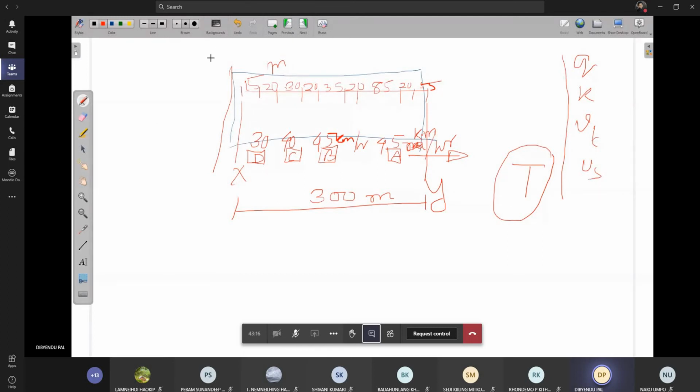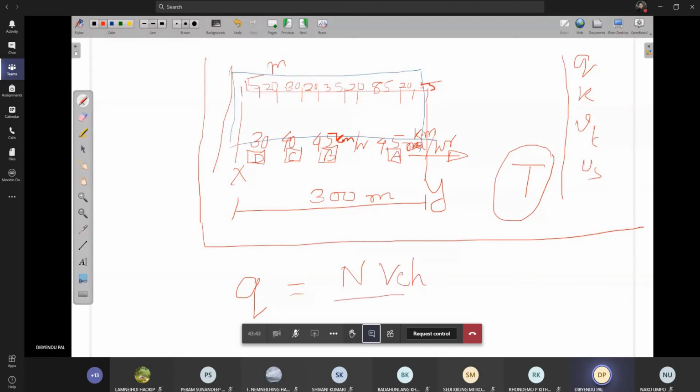Let us see how to find the flow. Flow is the total number of vehicles crossing a section over a time period. Flow is denoted by Q. Q is equal to the total number of vehicles crossing a section for a time period.